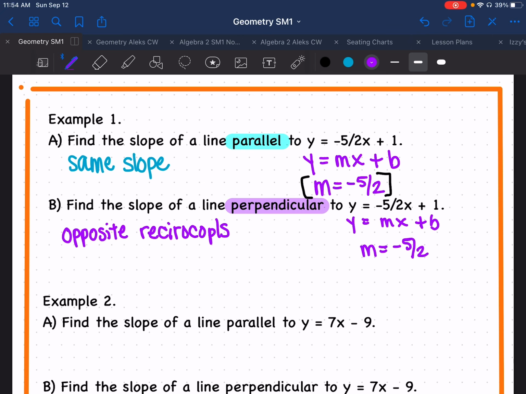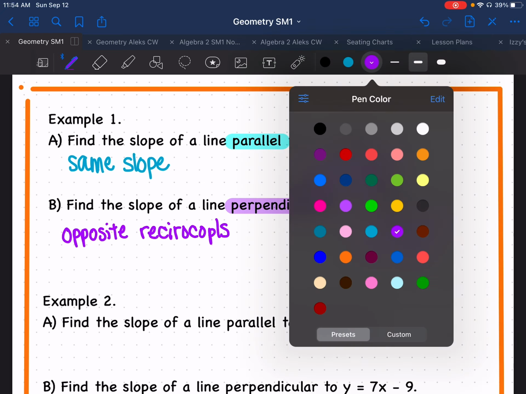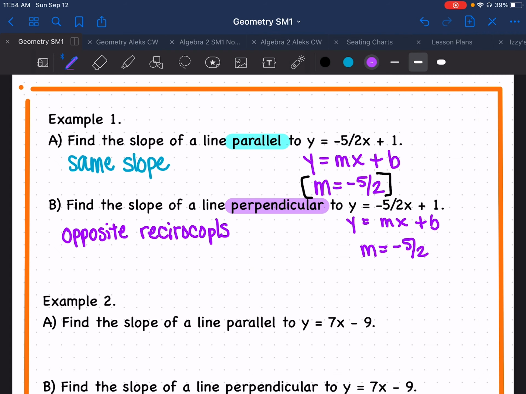Let me change this to a lighter pink or lighter purple. This means that their signs are opposite. One's positive and the other one is negative. Reciprocals means that we're going to flip over the slope. So we're going to take the slope and flip it over.